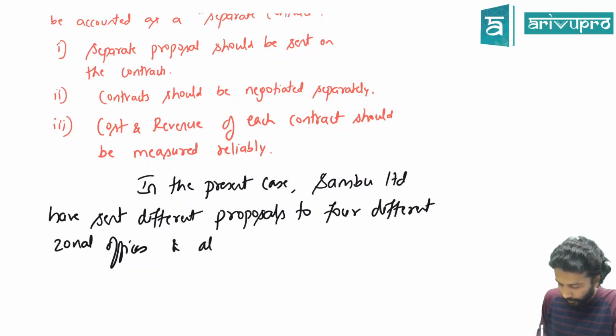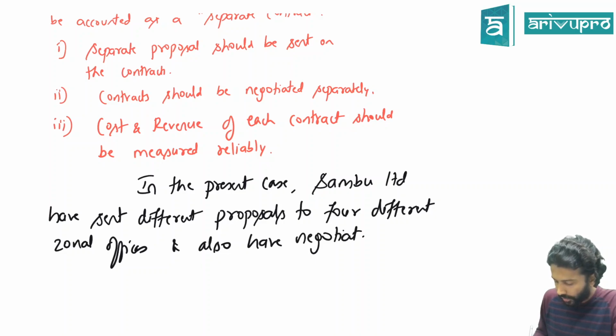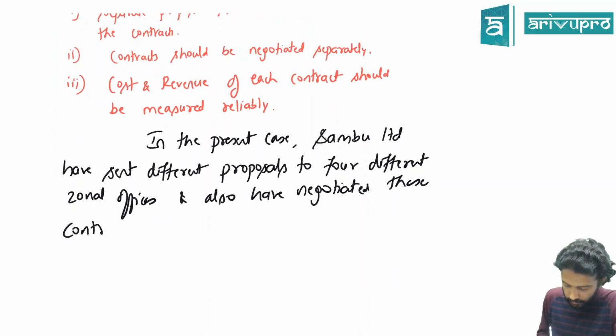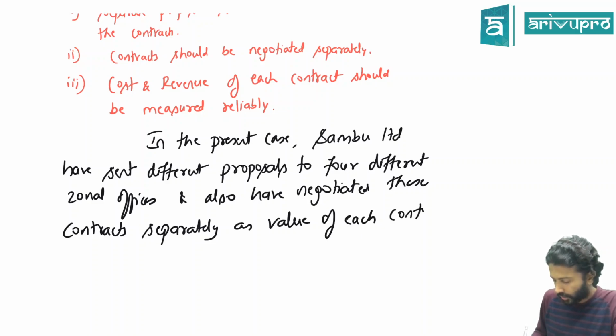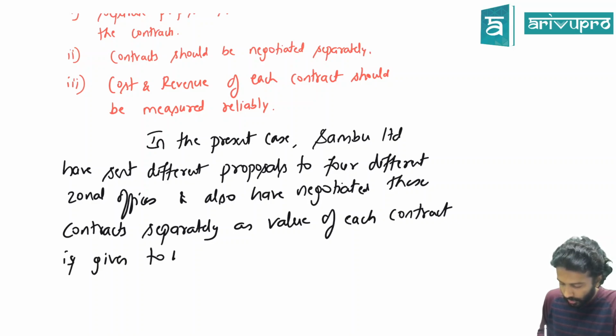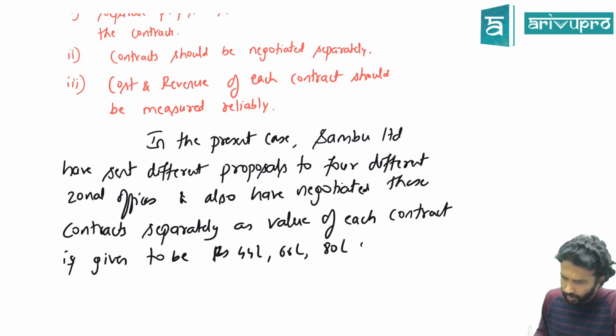And also have negotiated these contracts separately, as value for each contract is given to be rupees 44 lakh, 66 lakh, 80 lakh and 55 lakh respectively.